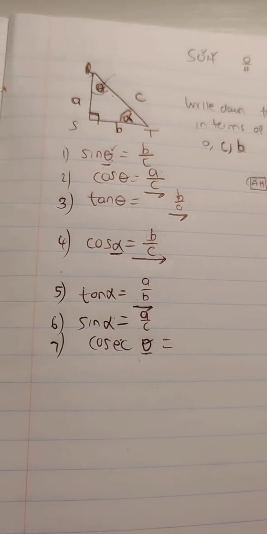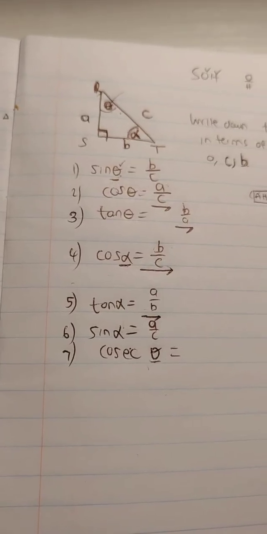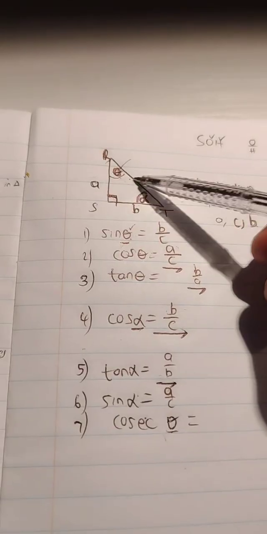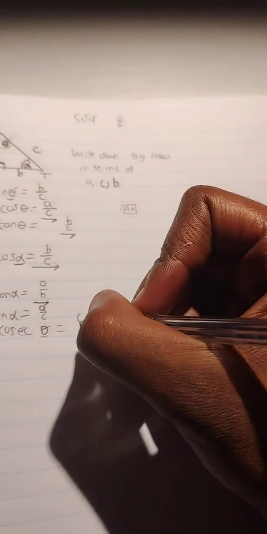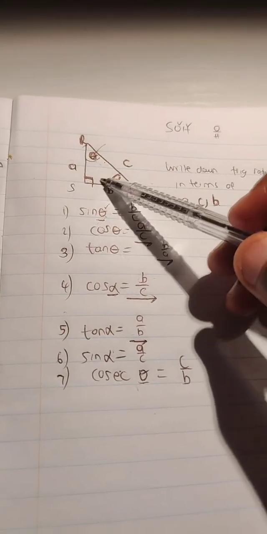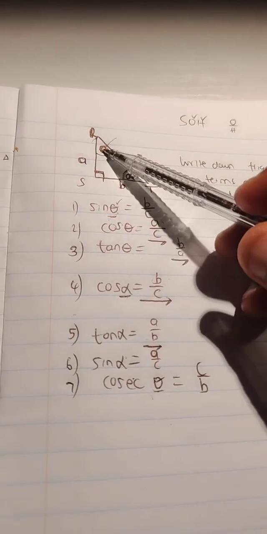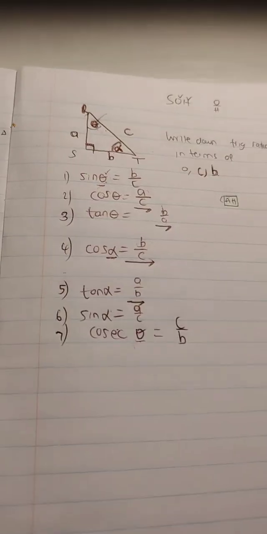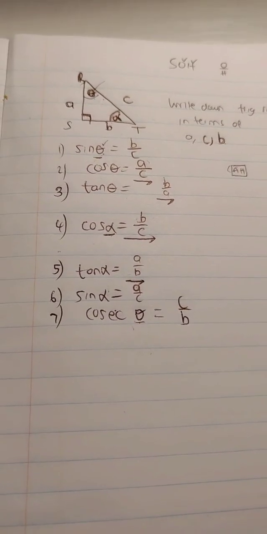So basically cosec is hypotenuse over opposite. That is C over B. There is theta. This is the hypotenuse side, to theta, that is the opposite side. So it is C over B, not C over A.